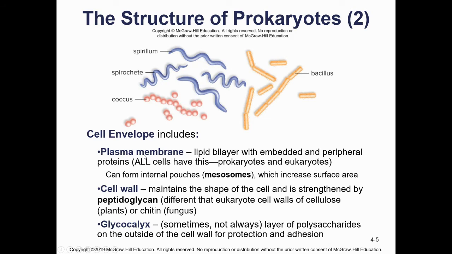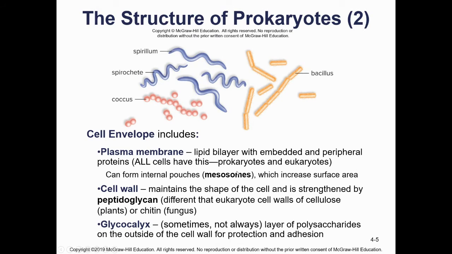All cells have that plasma membrane, and it is the definitive structure that determines here is inside the cell, here's outside. The plasma membrane, because they're phospholipids, they have the consistency of olive oil, can infold, can increase surface area.